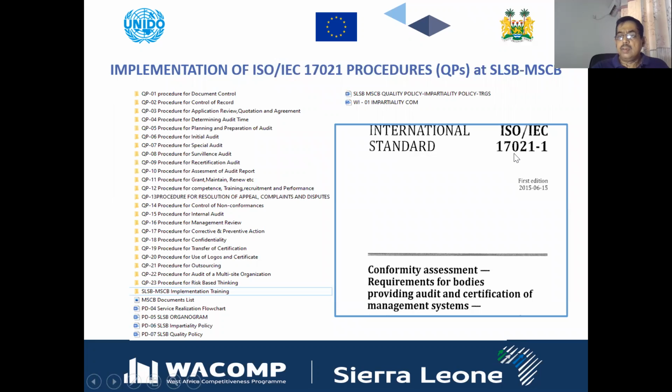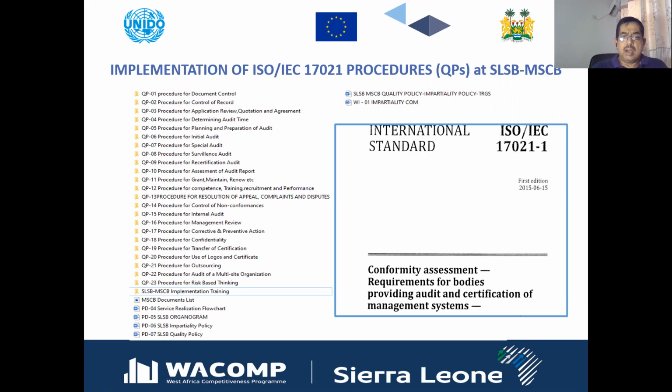This is the ISO 17021 standard with respect to the establishment of the management system certification body. All these QPs, as you can see here, we have developed before with the involvement of the SLSB team, based on this ISO 17021 standard.